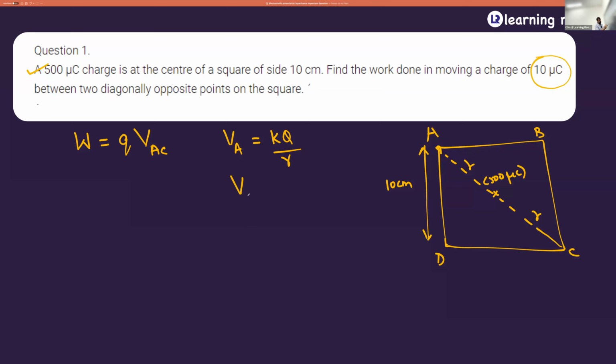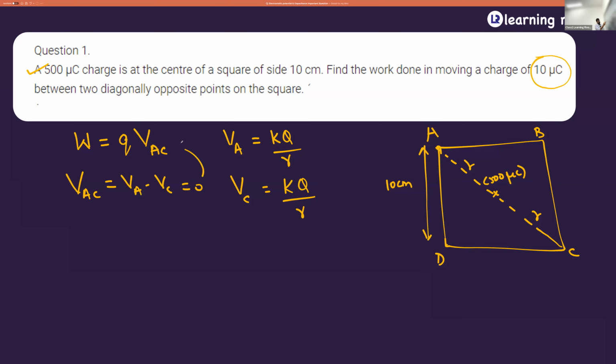Similarly, what is the potential at point C? It is also going to be K into capital Q divided by the same distance R. So what can we conclude from this? The potential at point A is exactly equal to the potential at point C. So what is going to be the potential difference between them? 0. So can I say VAC, which is basically VA minus VC, is 0.